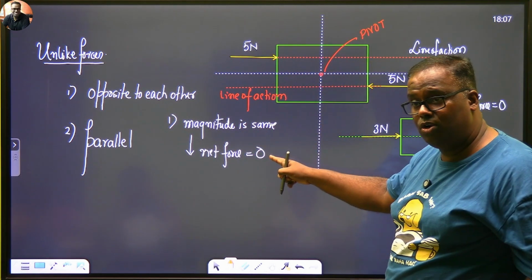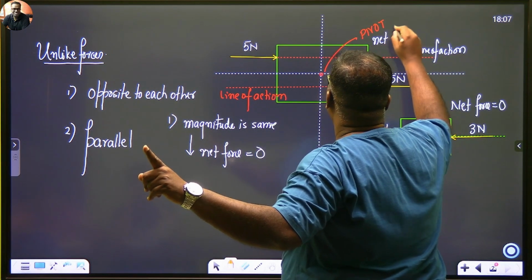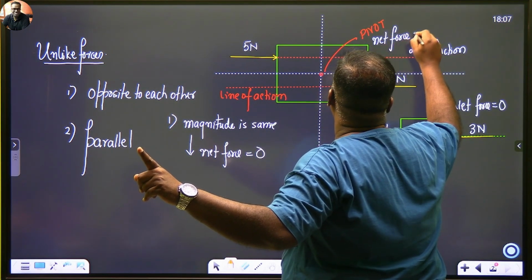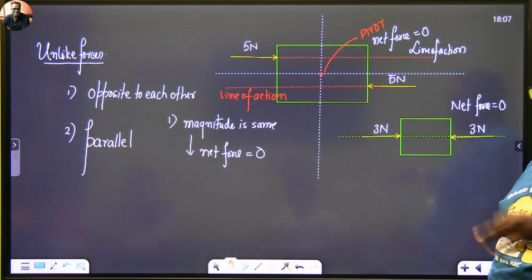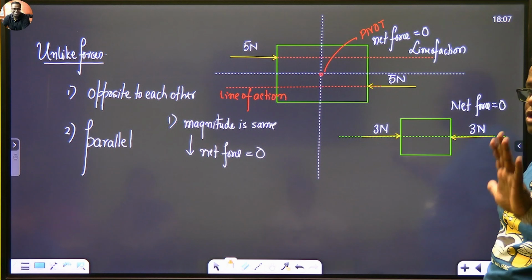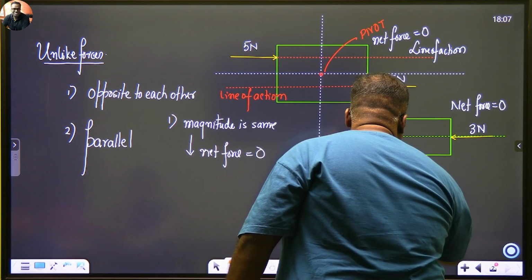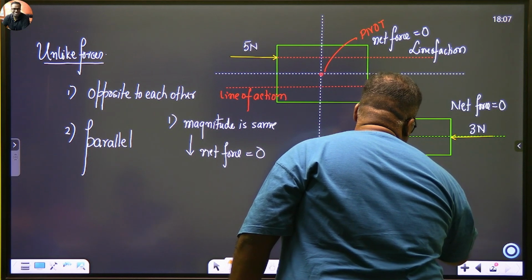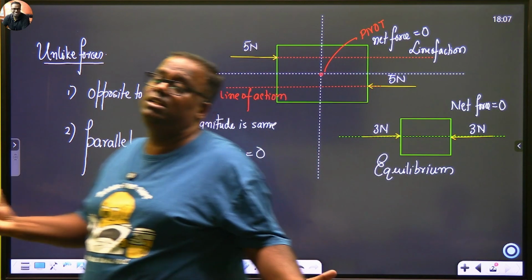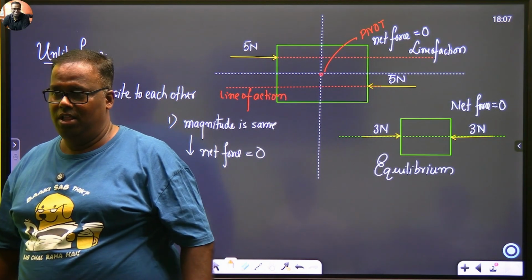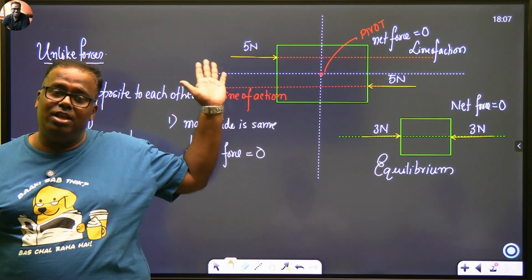What is the net force? 0. ये बड़ा इंटरेस्टिंग है। इस केस में भी net force will be 0. अब difference, magnitude same and opposite means net force is always 0. This body is said to be in equilibrium. Equilibrium मतलब इस बॉडी के स्टेट में कोई चेंज नहीं होगा.